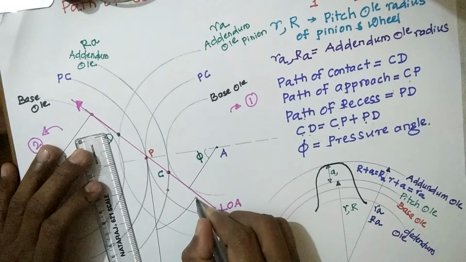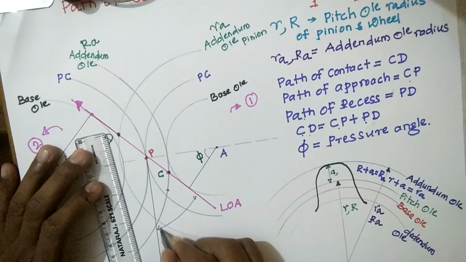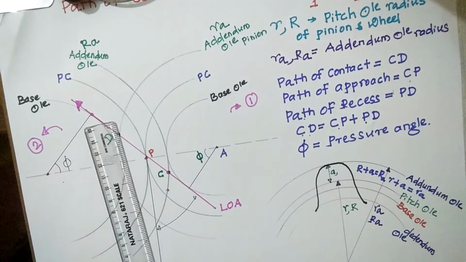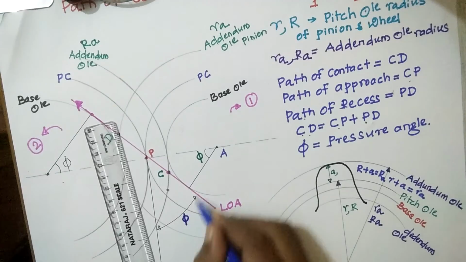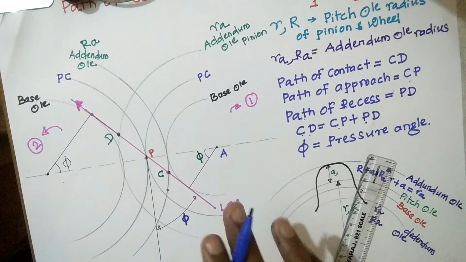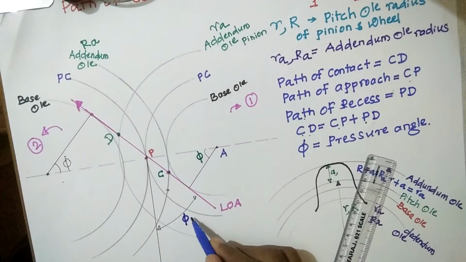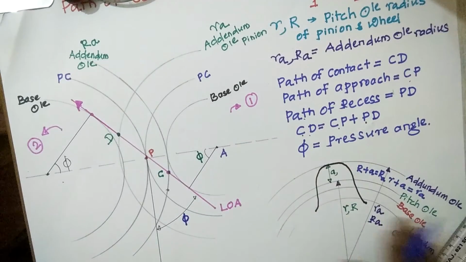By geometry, I can represent the phi angle here also. By geometry, these two phi are the same. Phi is the pressure angle. I hope that you got it.